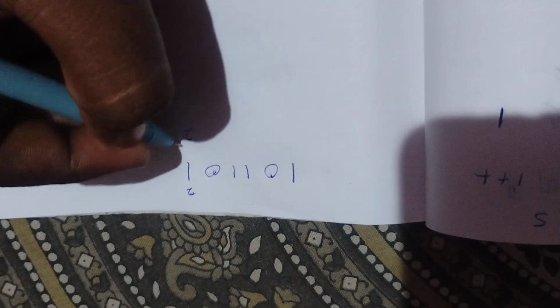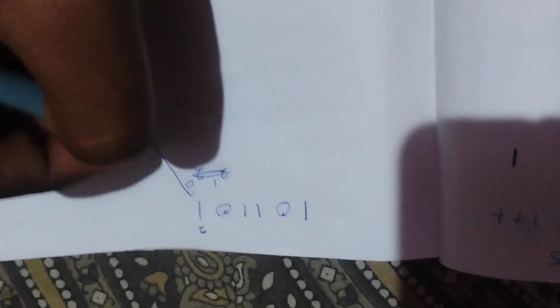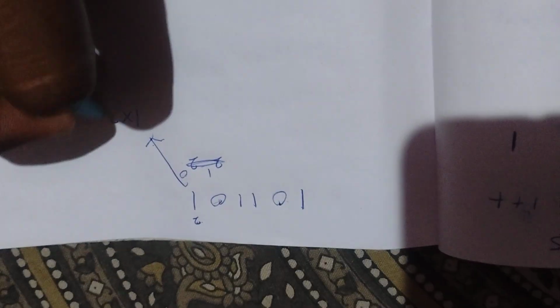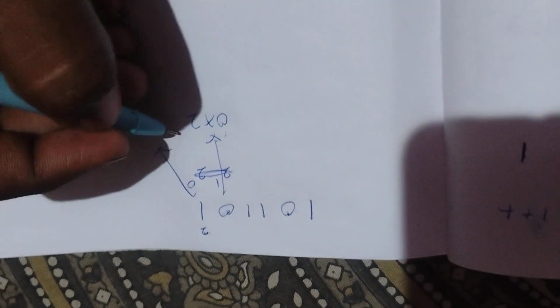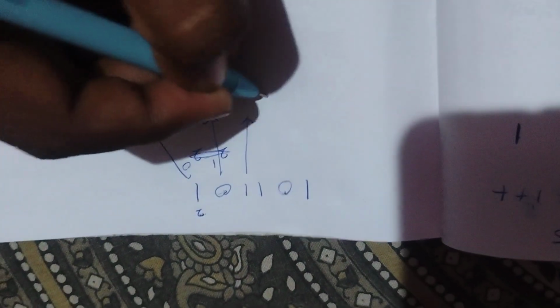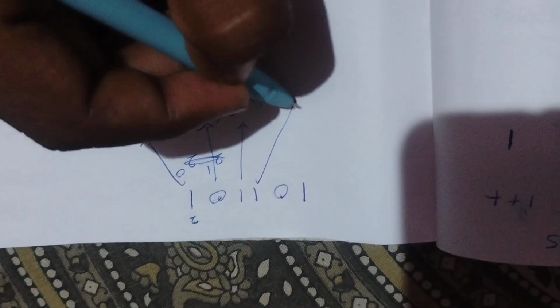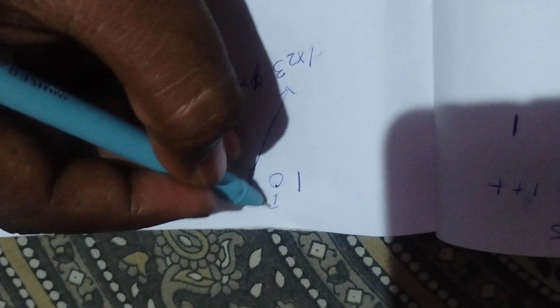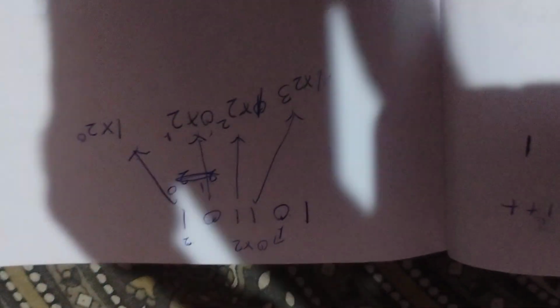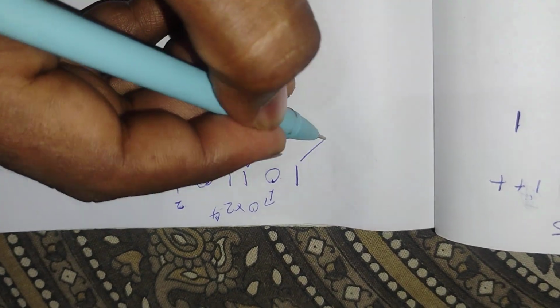We used to convert with 2 to the power 0, right? So for conversion, 1 into 2 to the power 0, 0 into 2 to the power of 1, 1 into 2 to the power of 2, 1 into 2 to the power of 3. Here 0 into 2 to the power of 4.